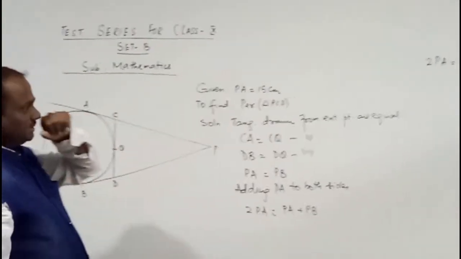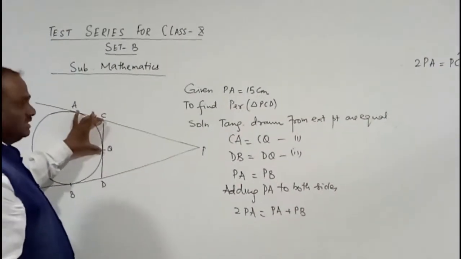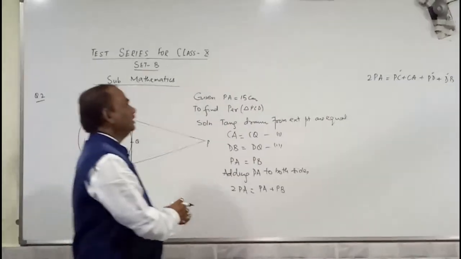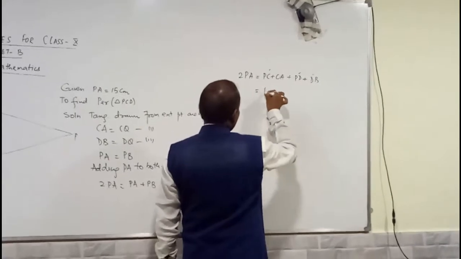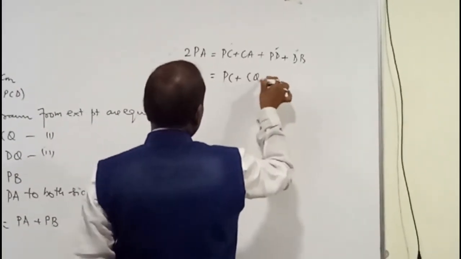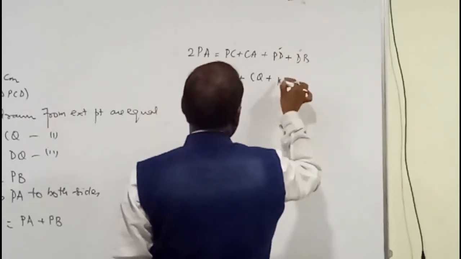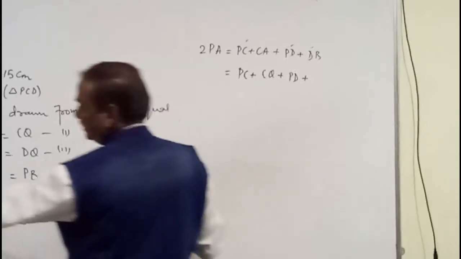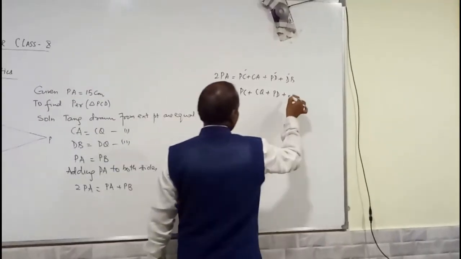Now there you can see it is CA, and CA can be written as CQ, and DB can be written as DQ. So in place of CA, I write CQ, plus PD, and in place of DB, I write DQ.